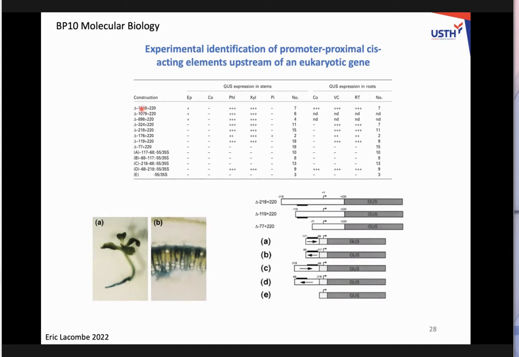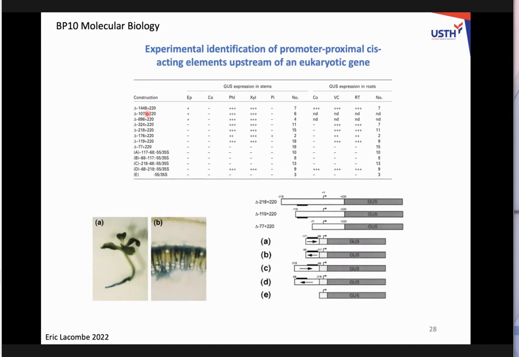So for the first construct, basically we take 1.5 kb of promoter sequence fused to the GUS gene. We check for the expression, and you see that the promoter is expressed in phloem and xylem. So in vascular tissue, exactly as we see here in the picture. So this is the pattern of expression of the full-length promoter.